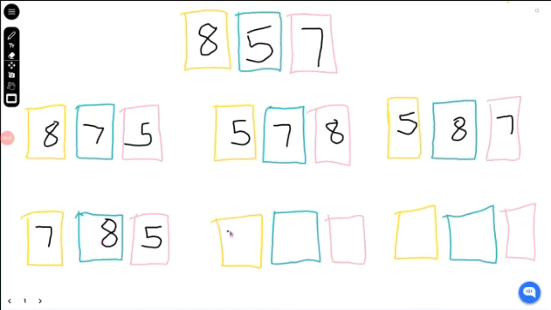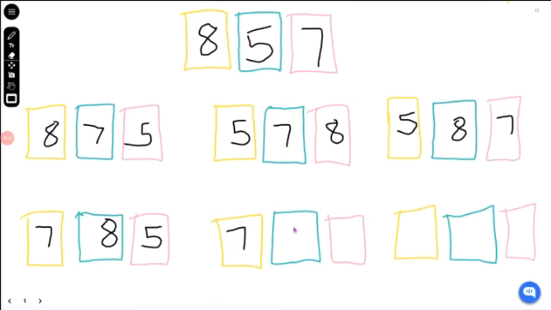Okay. So next, if we're looking at this combination, can we start with a 7 again? Yes, I think so too. So if we start with 7, and if we look at the 8 and the 5, what can we do to those two numbers to make this combination here different? That's right, like what we did before, we swap the two numbers around.